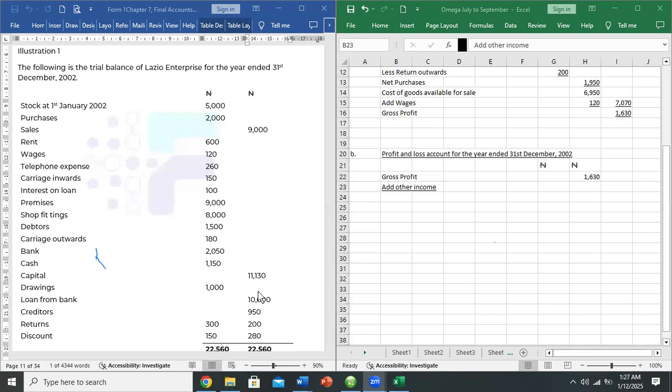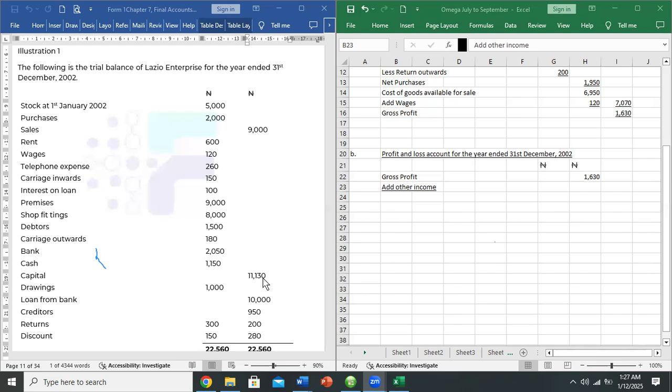But even at that, you use the examples that we listed: commission received, rent received, income from investment, and discount received. So in this question, when we go through the credit side, we have sales here, which is not part of the other income. It has been used in the trading account.